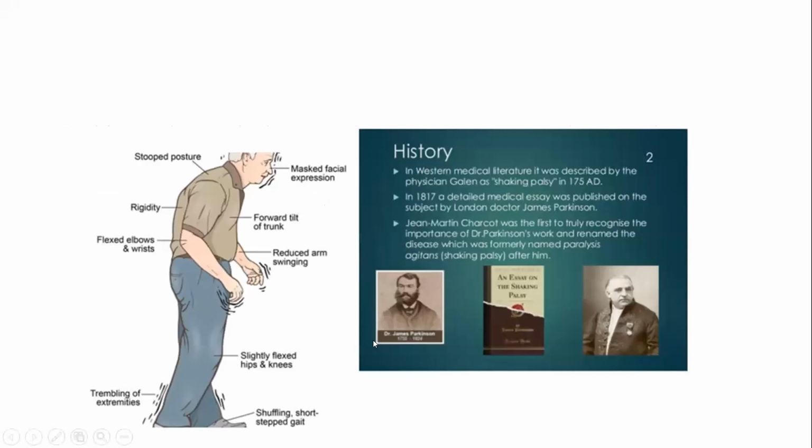What is observed in clinics are symptoms, and the 4 commonest ones are rigidity, tremors, and bradykinesia. And of course, it started with Parkinson himself in the year 1817.